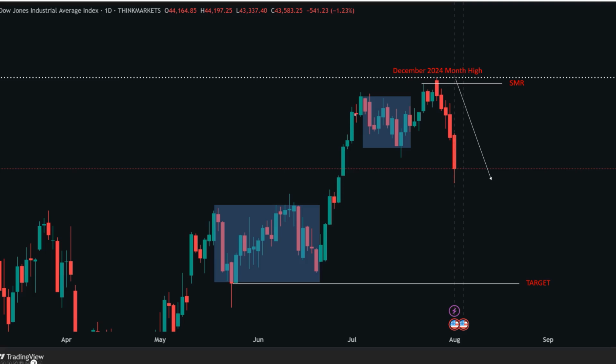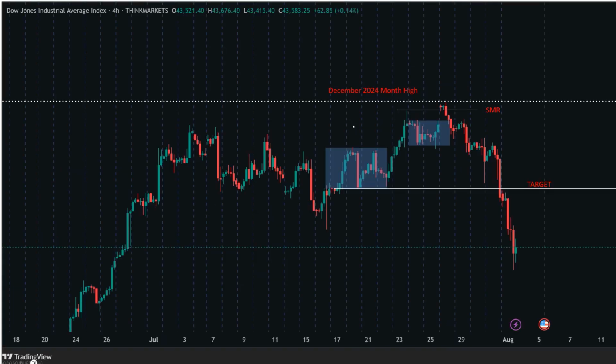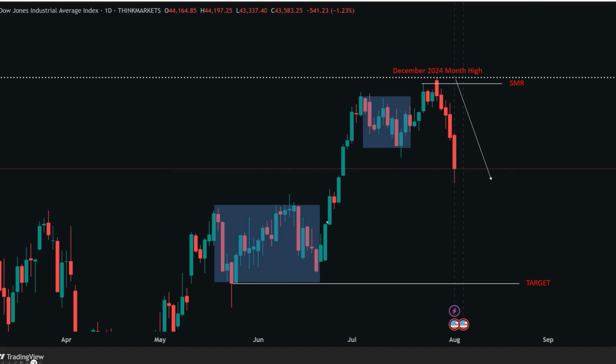You can see big displacement to the upside. Then you have consolidation, then you have a smart money reversal. Here you have a change in state of delivery.